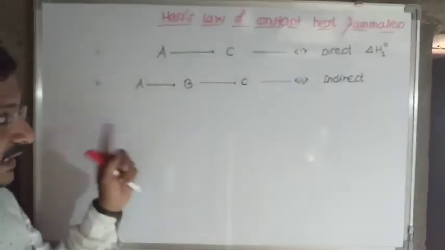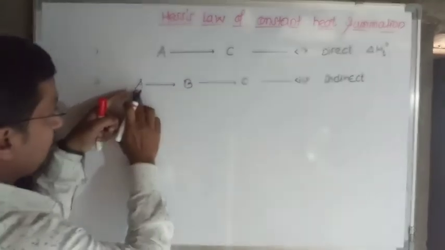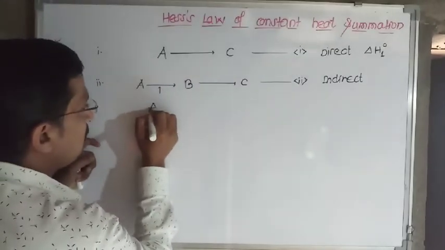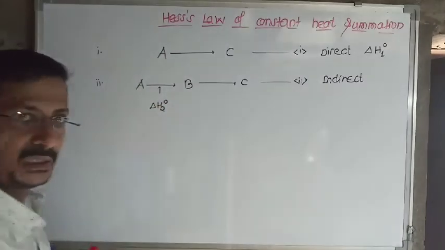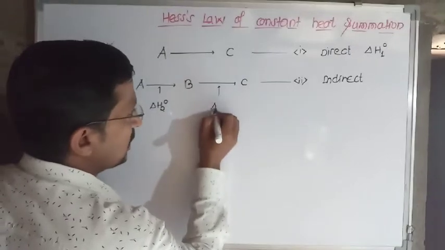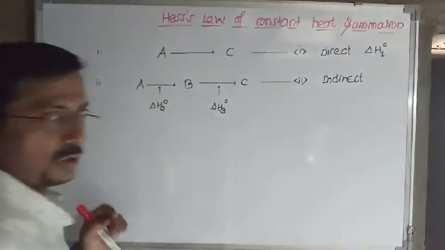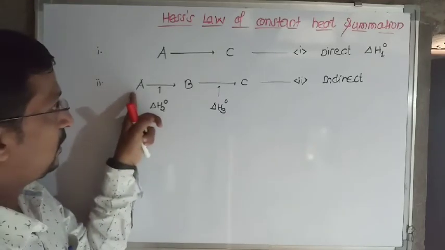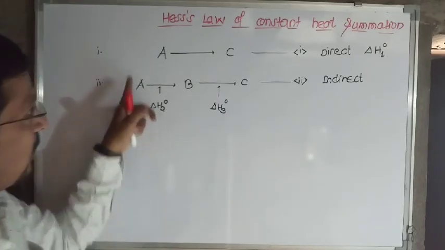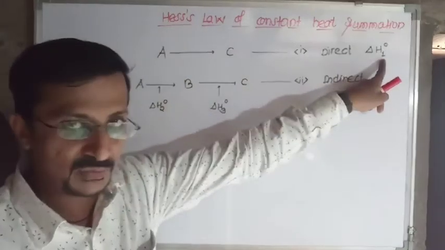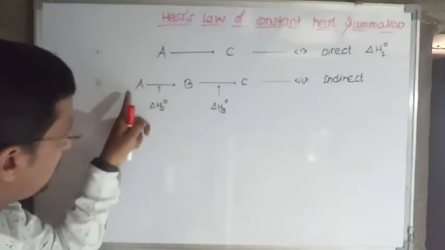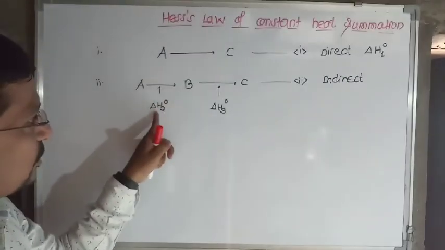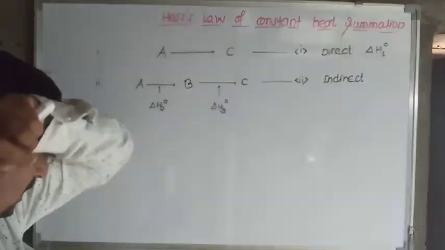In the second case, for the conversion of A into B, suppose the enthalpy change is delta H2 naught, and in the conversion of B to C, the enthalpy change is delta H3 naught. So for the direct conversion of A into C, delta H1 naught is the enthalpy change. But for the same conversion indirectly, A to B is delta H2 naught, and then B to C is delta H3 naught.